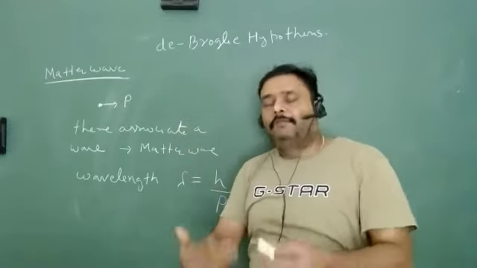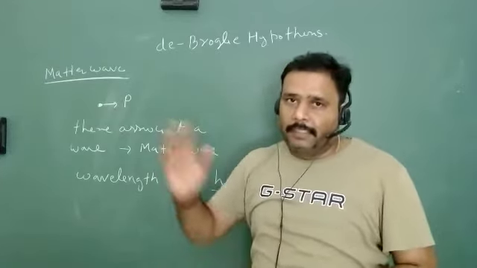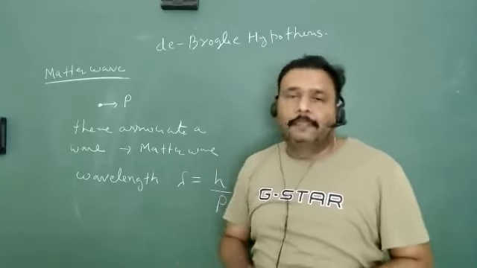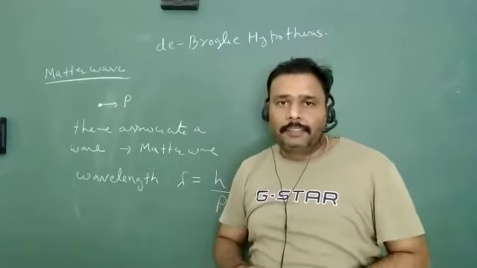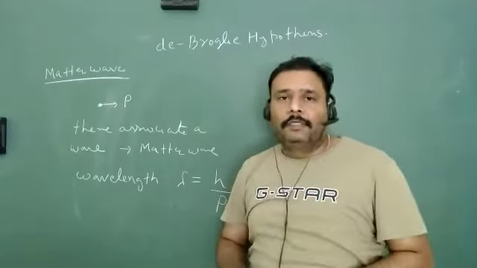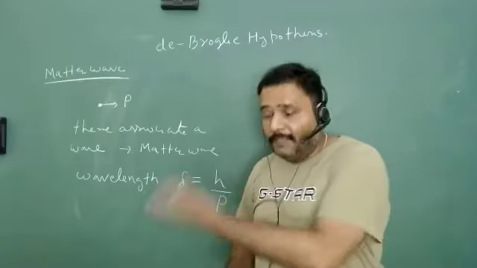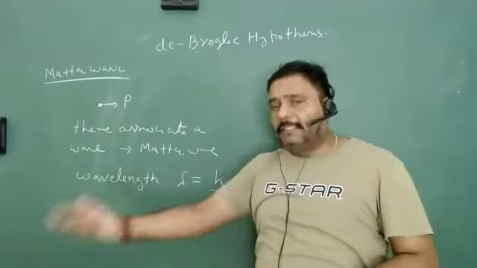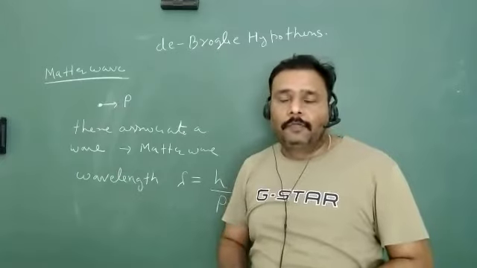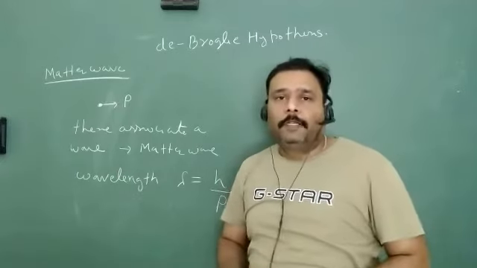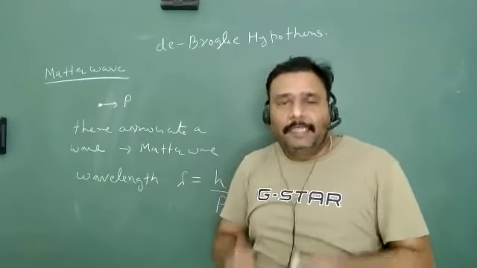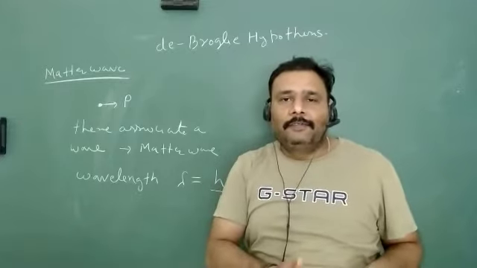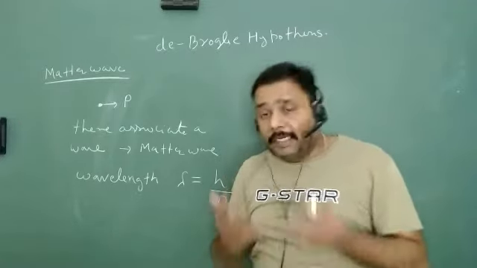I will discuss it in the uncertainty principle or in quantum mechanics, and I will discuss an experiment in the next class tomorrow, from which you can verify that yes, there is a lambda associated with an electron.